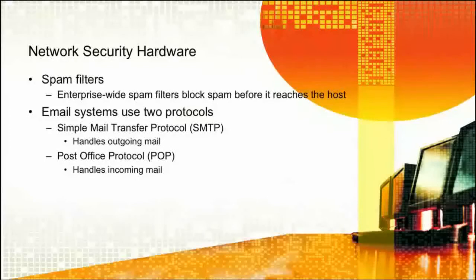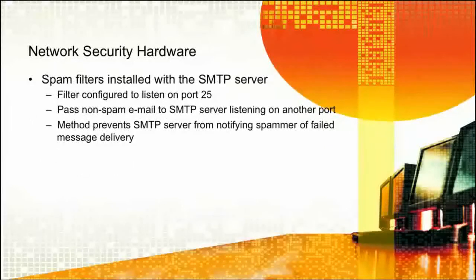Next, we have spam filters. Email systems use two basic protocols, the SMTP protocol, or Simple Mail Transfer Protocol, and the Post Office Protocol, or POP. SMTP handles outgoing mail. POP handles incoming mail.